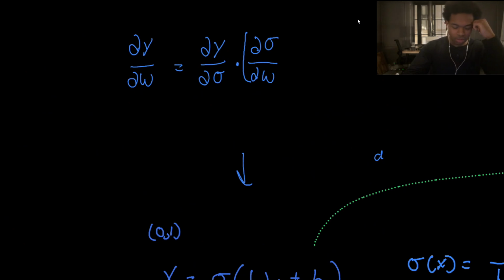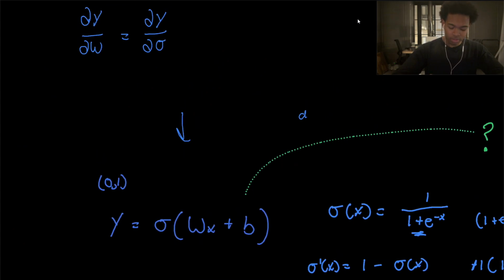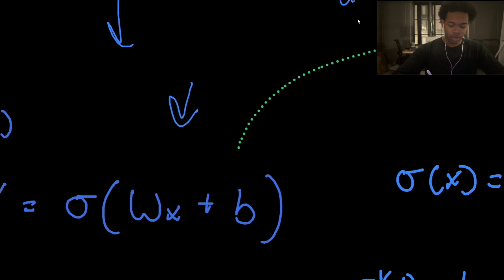So x doesn't even really exist. This is what I'm spacing out on, man. I should be able to do this. The chain rule is the derivative of this times the derivative of the inside of this with respect to w. Oh, which means there's no derivative for b. The derivative of this with respect to w.